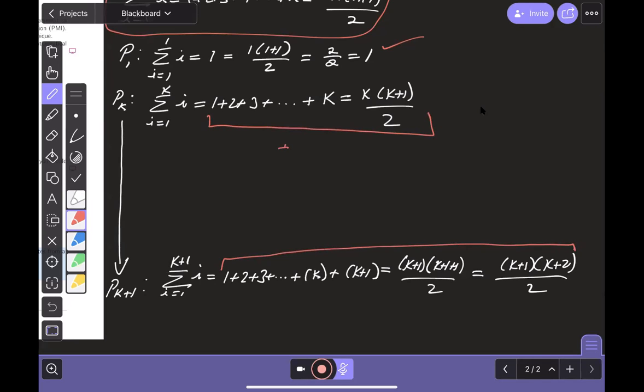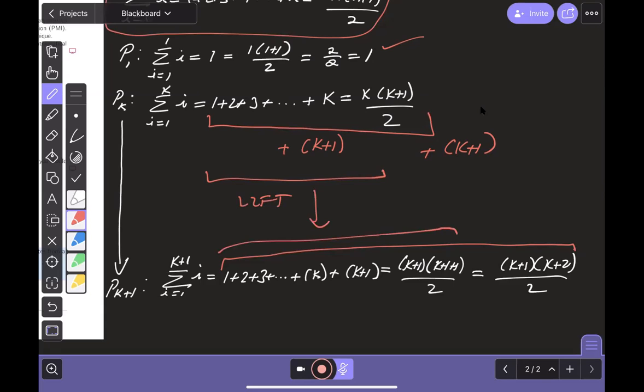I would add k+1 to both sides of the equation. Your job now is to show that the left side is this left side, and this right side, which is the whole thing over here, is that right side.